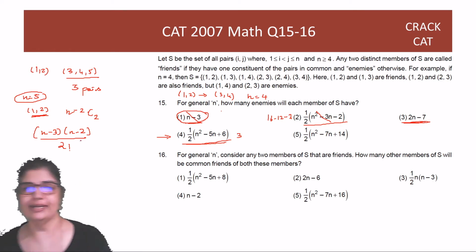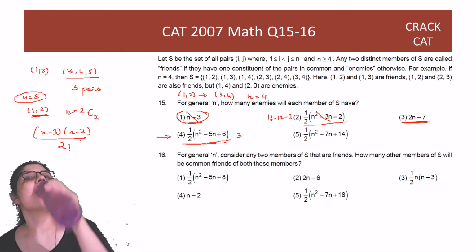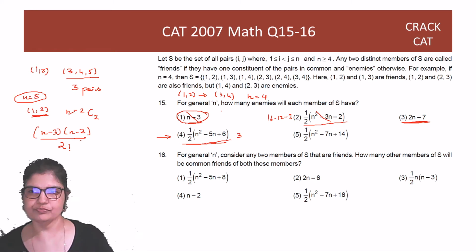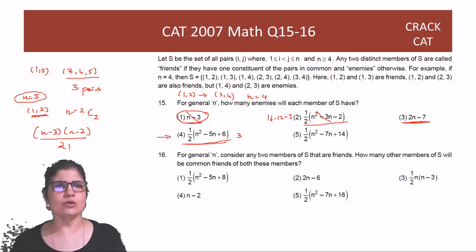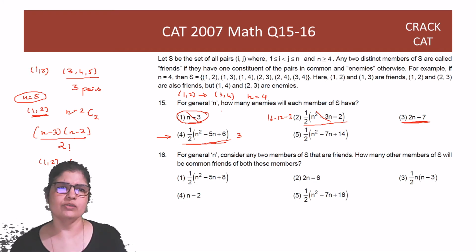For general n, consider any two members of S that are friends. How many other members of S will be common friends of both these members? So again, let us just look at logic. So let's say 1, 2, right, is friends also with 1, 3. And you have n members, right?